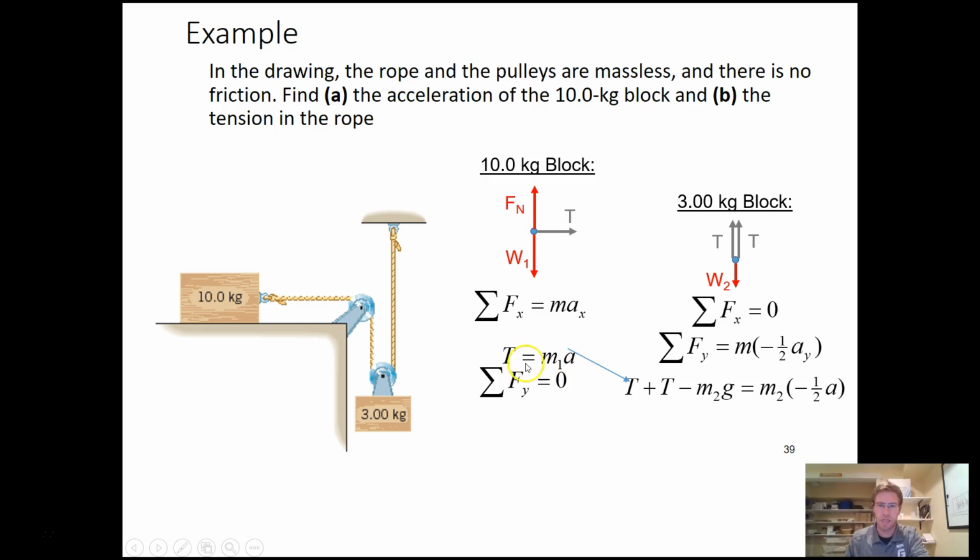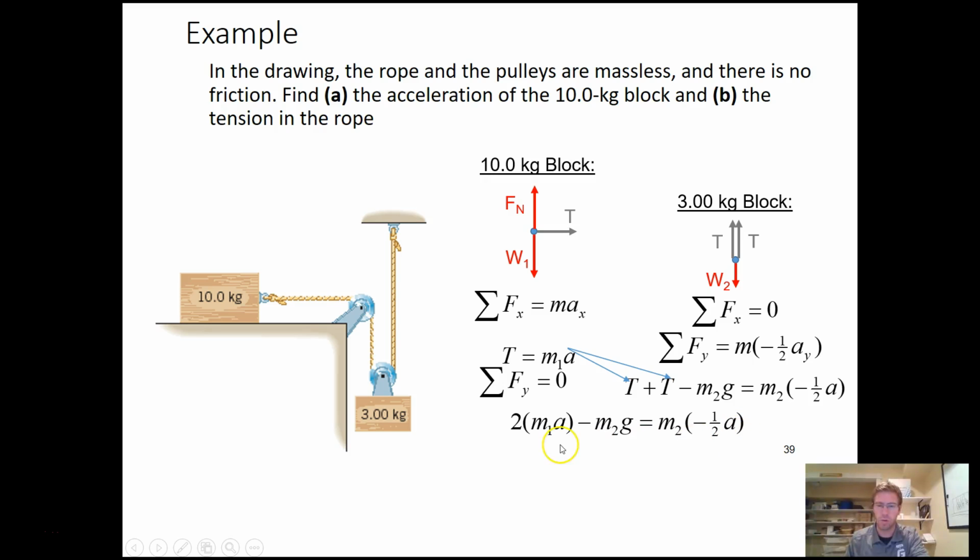We're going to plug this tension into our other equation, not once, but twice. So now, instead of having 2T, we have 2m1a, since that's what tension is equal to. 2m1a minus m2g equals m2 times negative 1/2 a. And look at that, boy howdy.